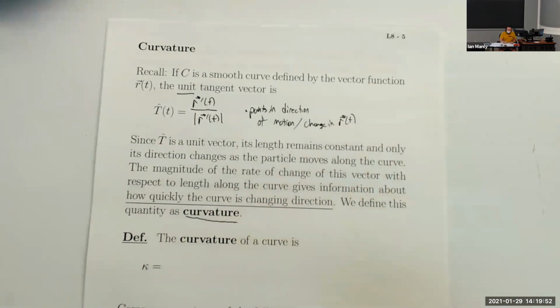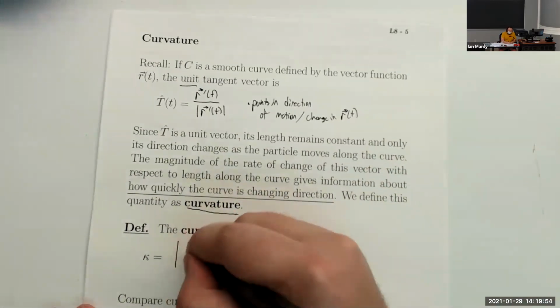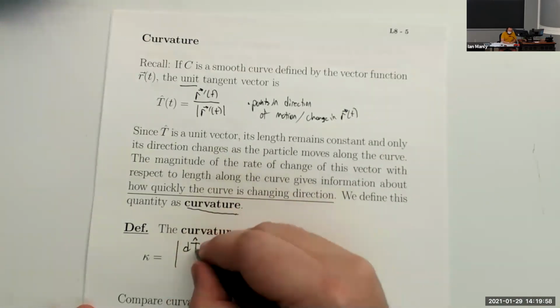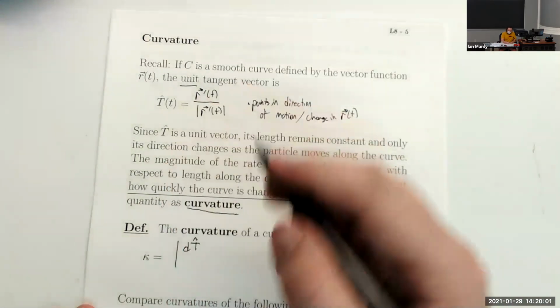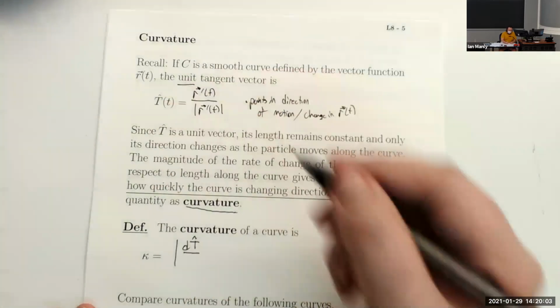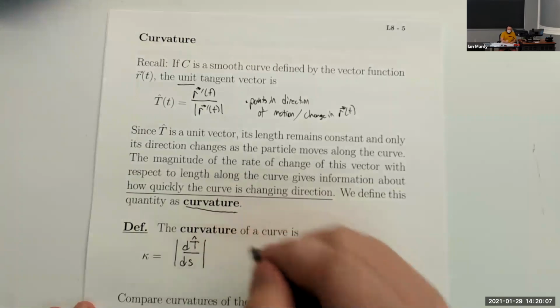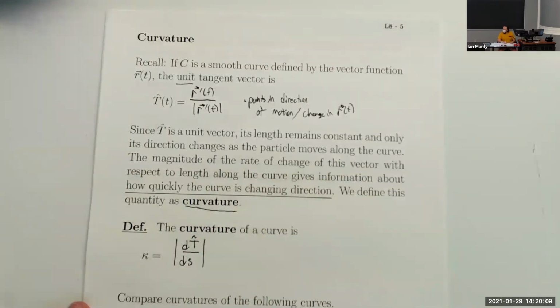So what's the mathematical definition here? This is going to be the magnitude of the derivative of this guy, so the rate of change of our unit tangent vector with respect to s. Now note that this is with respect to s right here. This isn't with respect to t.